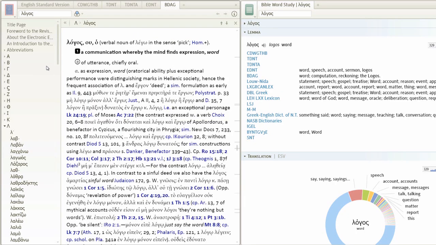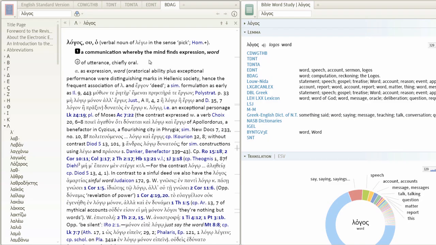This lexicon is organized alphabetically, but the structure or the layout of information in the article is different than what we've seen with TDNT and EDNT. Though the lexicon deals with Greek and has references to ancient literature, the structure is a lot more like what we found in Merriam-Webster's, where you have a definition and a translation of the word, along with examples of its use.